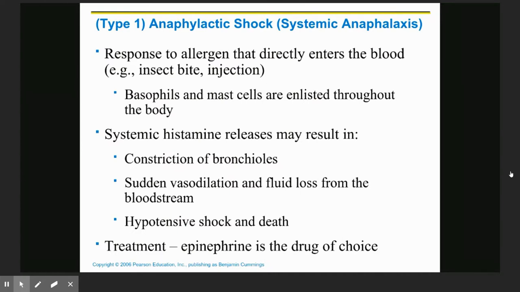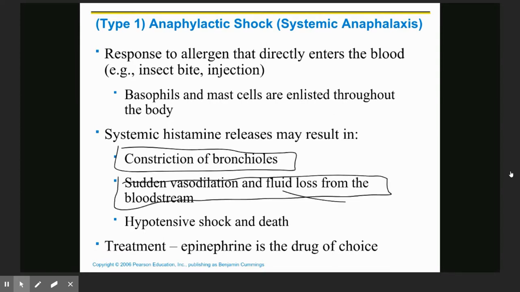And so when that histamine is in the lungs, you can get things like constriction of bronchioles. If it's in blood vessels, you can get vasodilation. Fluid leaks out, you get swelling like crazy. Depending on where the swelling is, it can make your throat swell up or your tongue swell up.